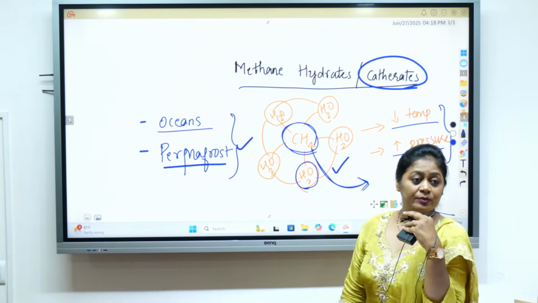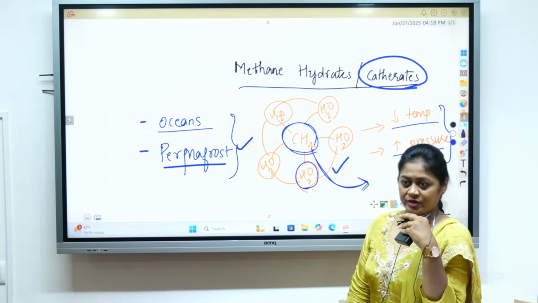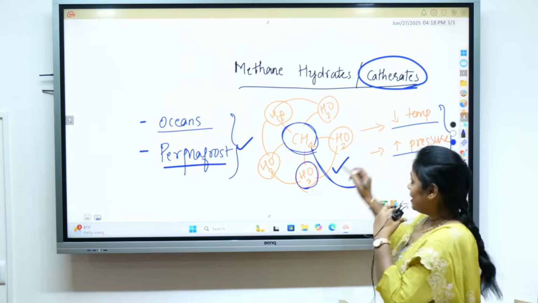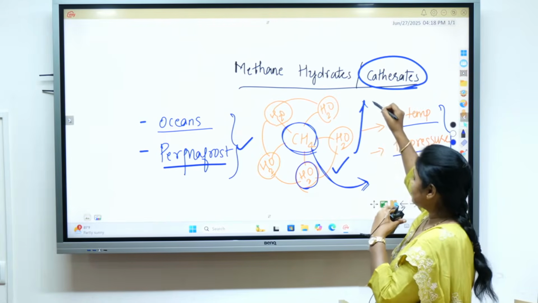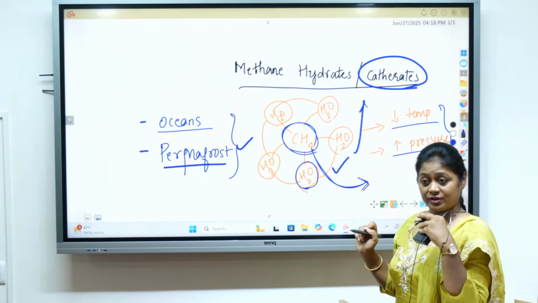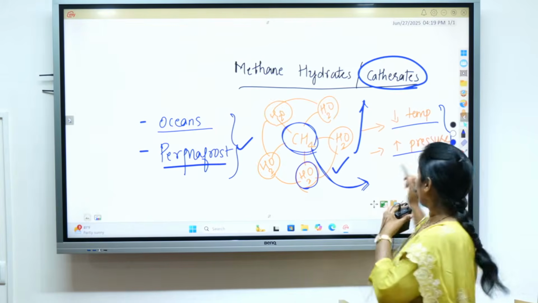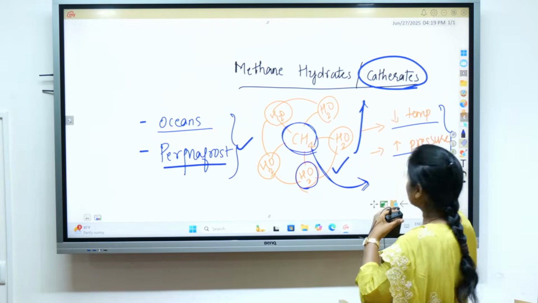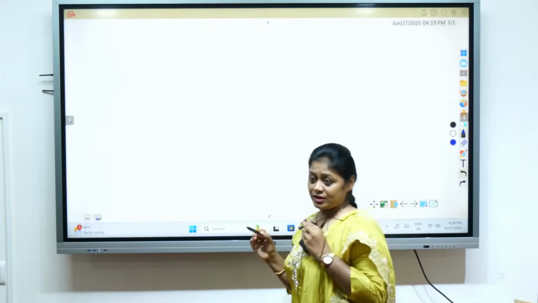Then it becomes a potent greenhouse gas. It causes an increase in the surface temperature of Earth. I told you these are the sources of release of methane.